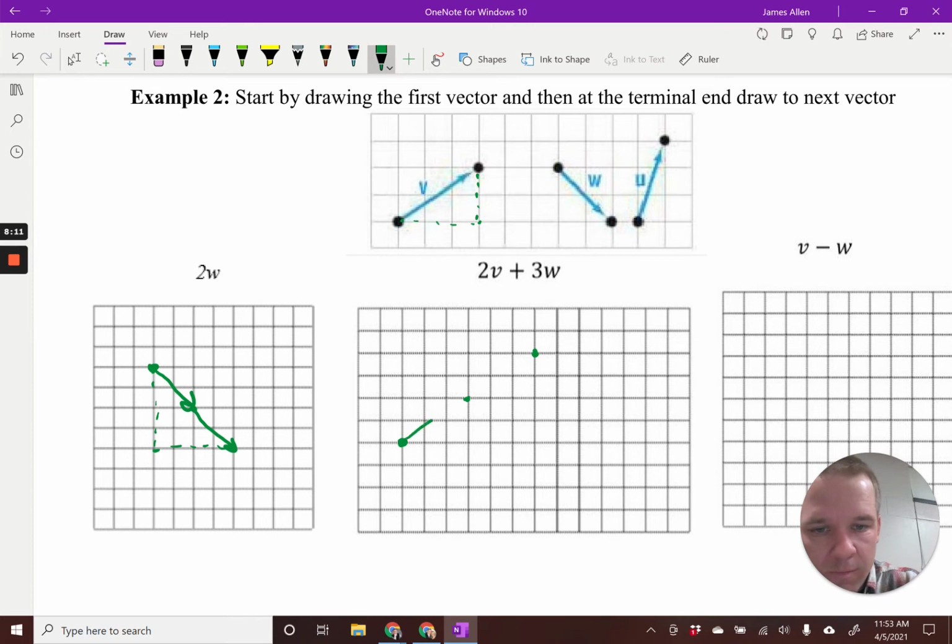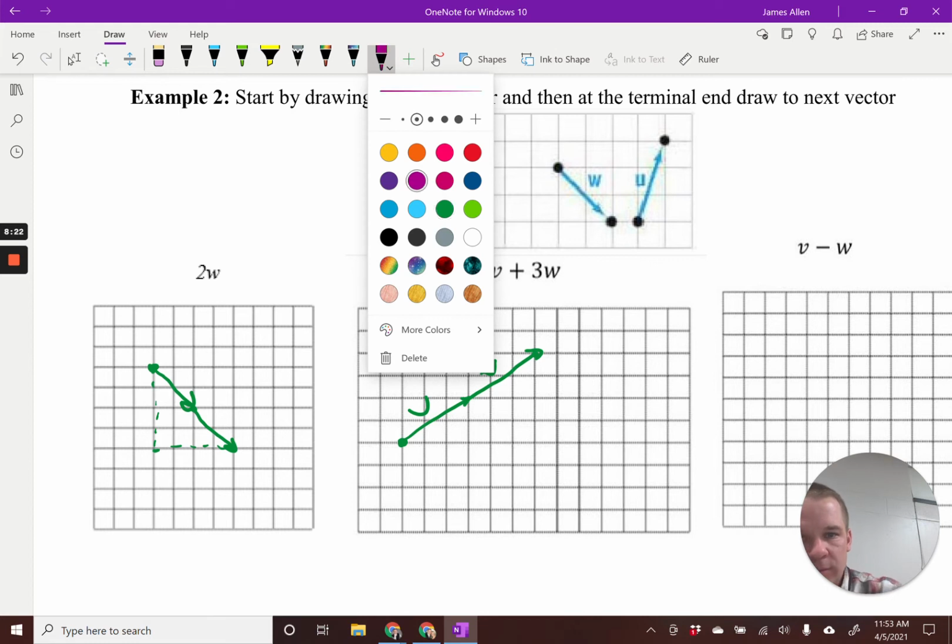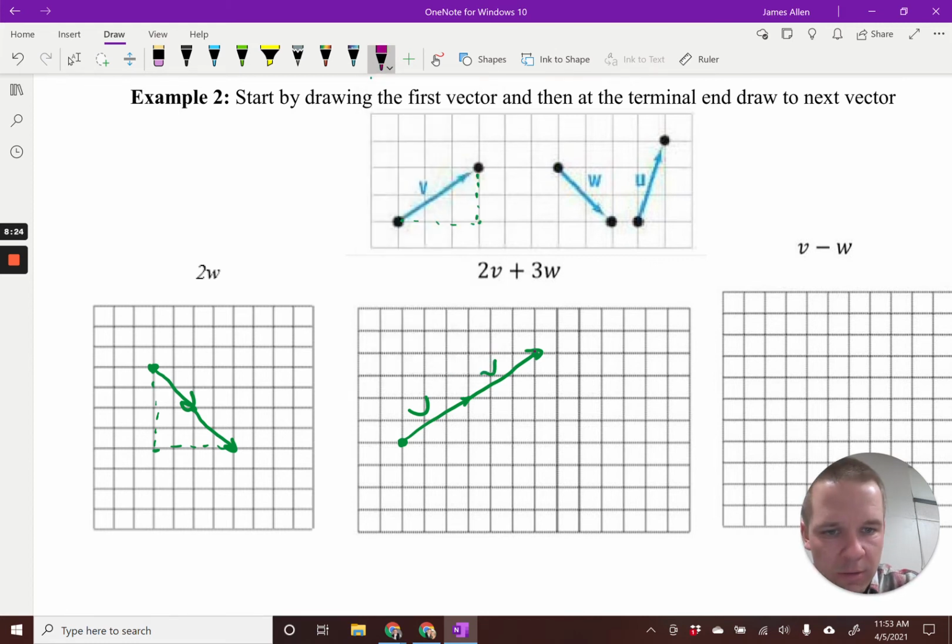So, boom, there is 2v, right? So I got v here and I got v here. Then 3w. I'll change colors for that one. So 3w, I'm going to go here, again, and a third time, going down 2 and over 2 each time, right?